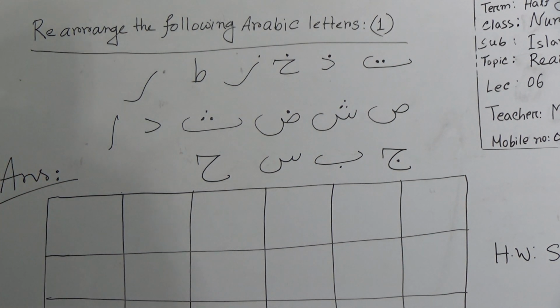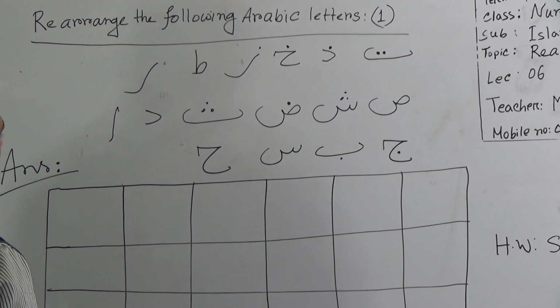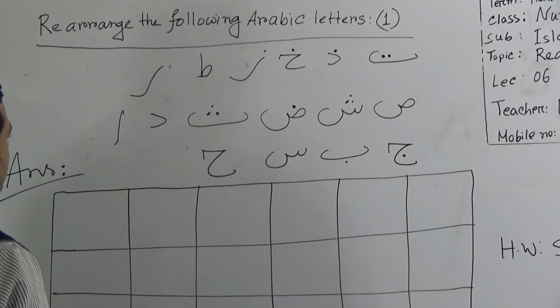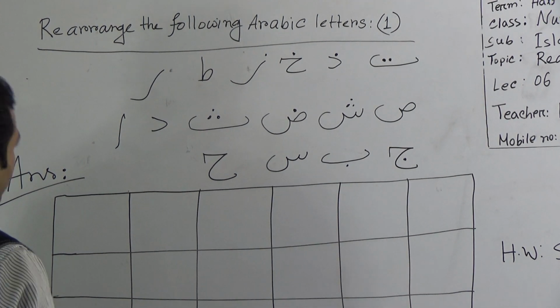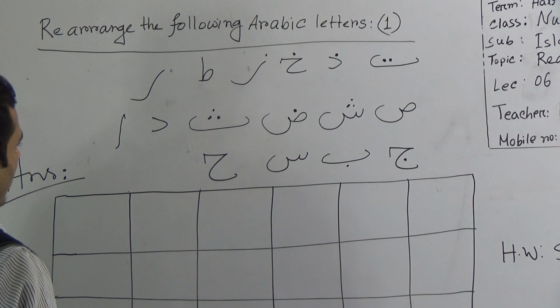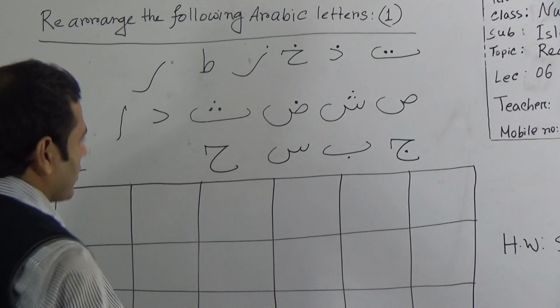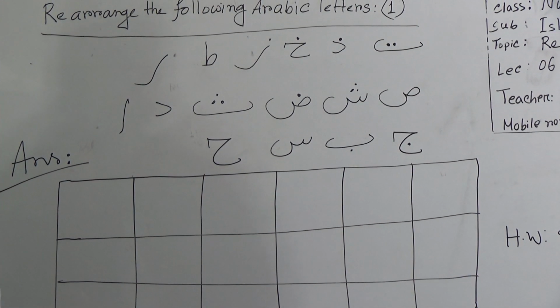My dear students, you have already learned Arabic alphabet or Arabic letters alif to ya. So these letters are not arranged properly. So we have to arrange them, and write them by arranging correctly.